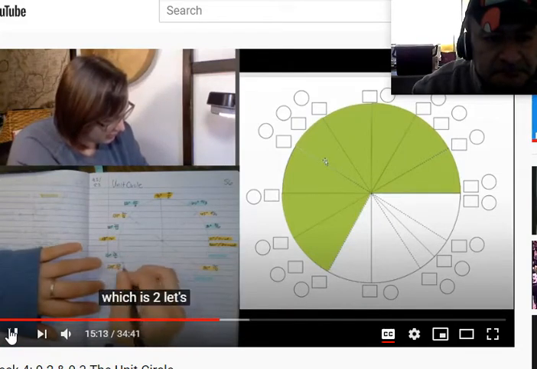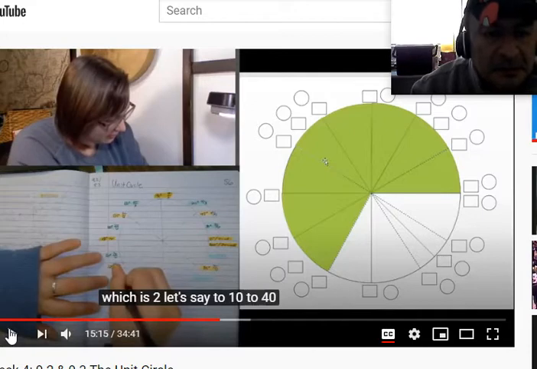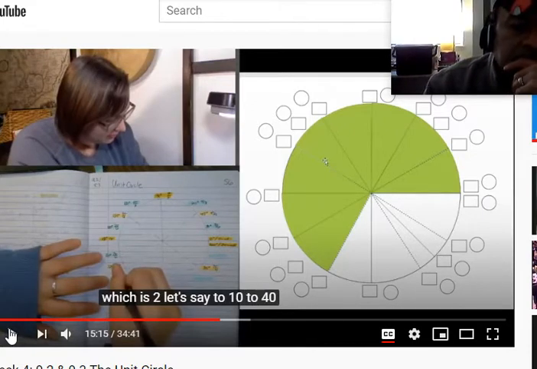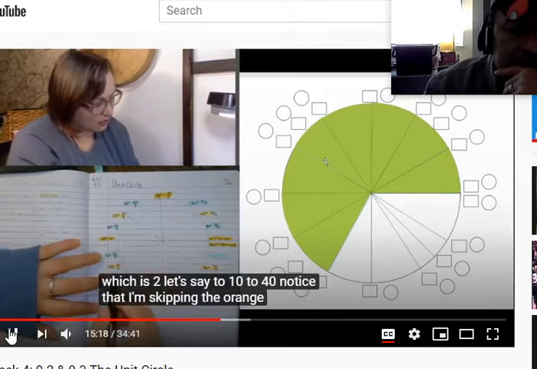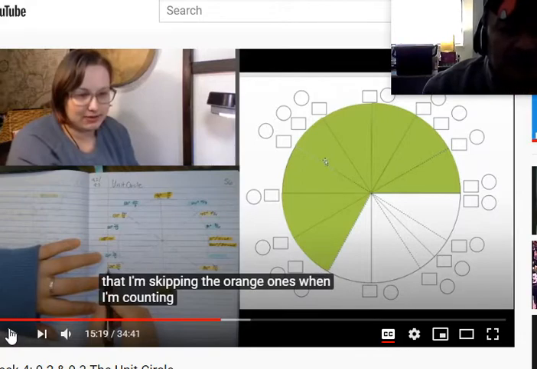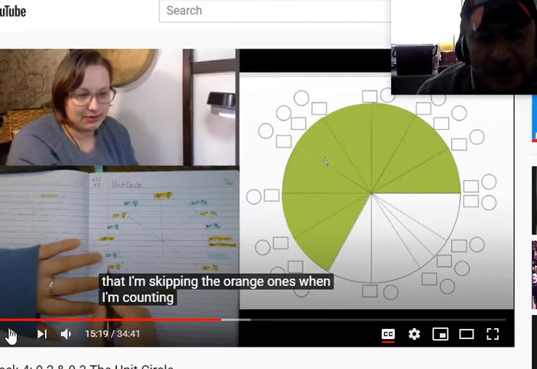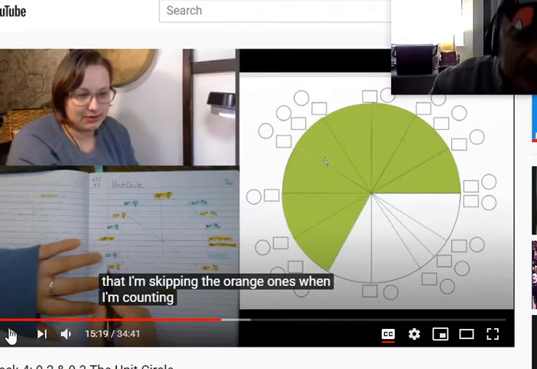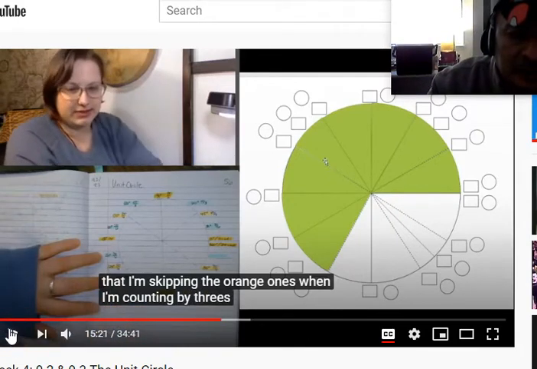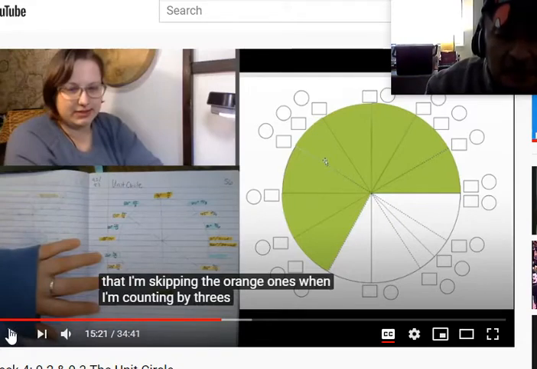Which is 210, 240. Notice that I'm skipping the orange ones when I'm counting by threes.